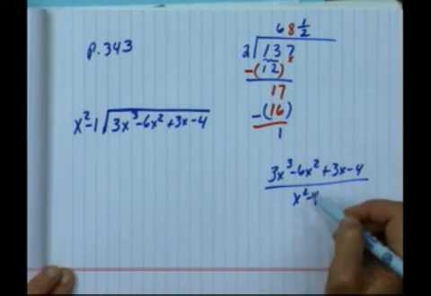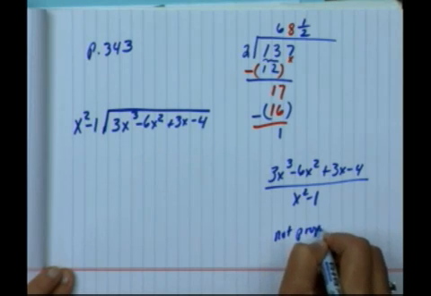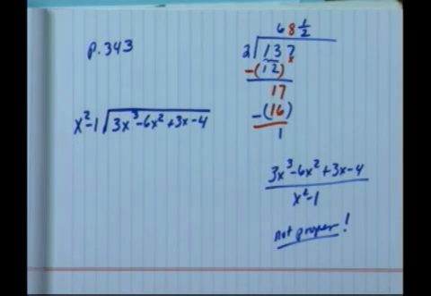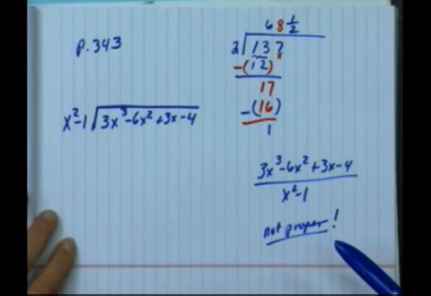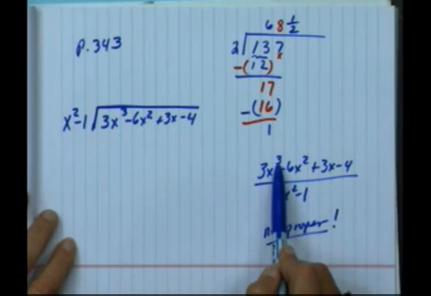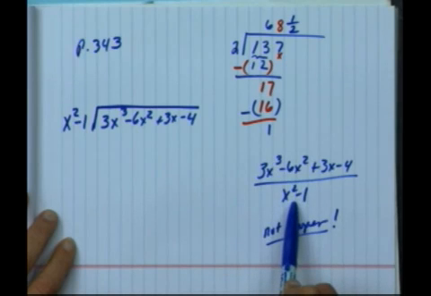This rational expression is not proper. Who can tell me why this rational expression is not proper? The degree of the numerator is greater than the degree of the denominator.